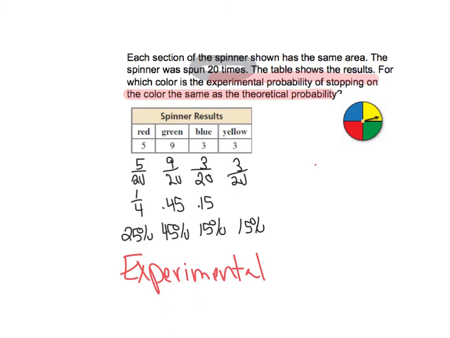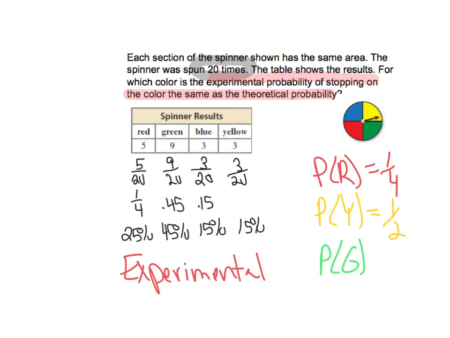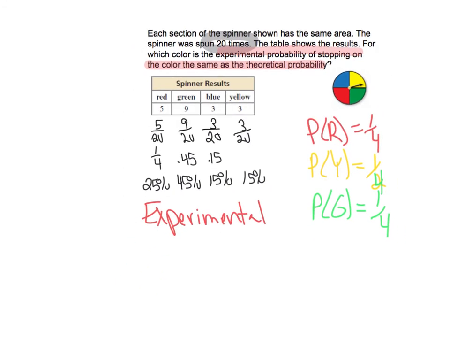So the probability of red would be 1 out of 4. The probability of yellow is also 1 out of 4. The probability of blue is also 1 out of 4, because there is an equal chance that you would get any of those colors.